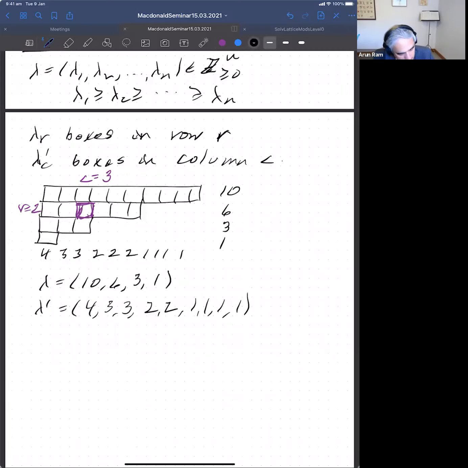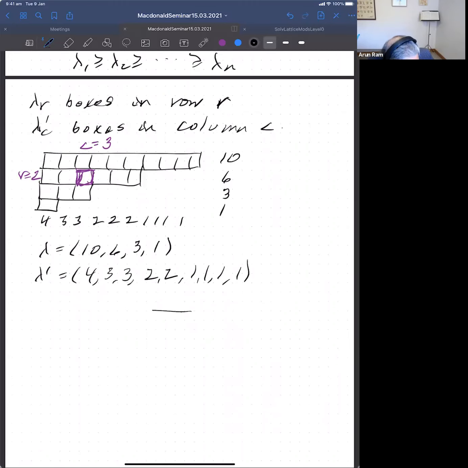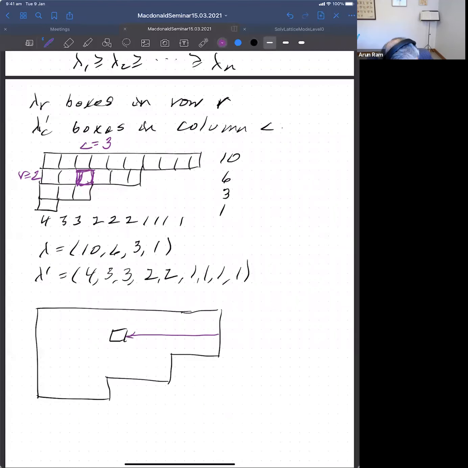So whenever I have a partition and a box there, then these lengths are the crucial lengths. So you can see here, this is R, this is C. This length here is called the co-leg. So I'm following Macdonald. So the co-leg is R minus 1.